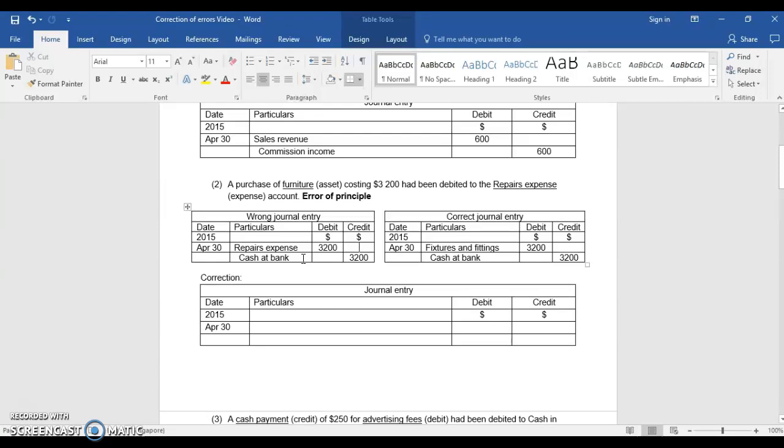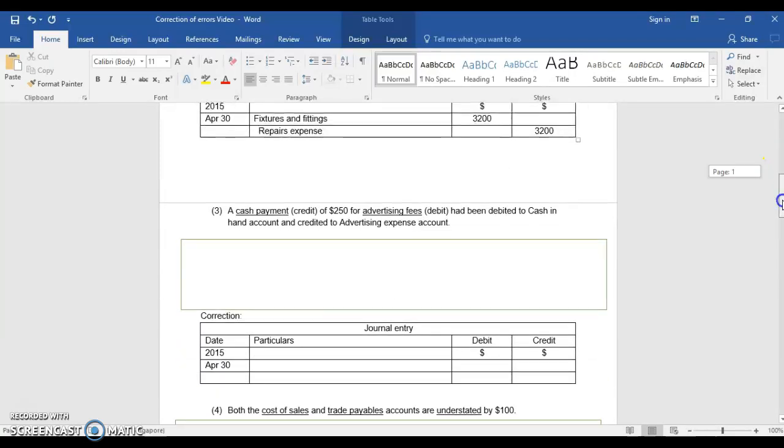So cash at bank, no change, right? Whereas the correct journal entry should have been debit fixtures and fittings and credit cash at bank. So we're going to remove repairs expense by crediting it, and we're going to introduce fixtures and fittings. So this is how we adjust the error of principle.